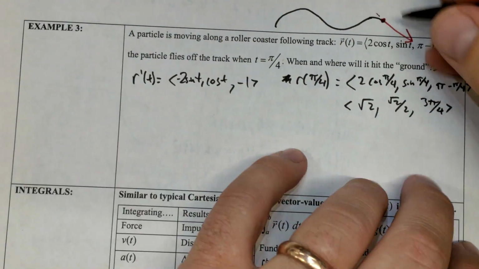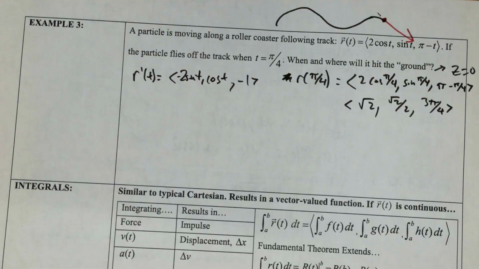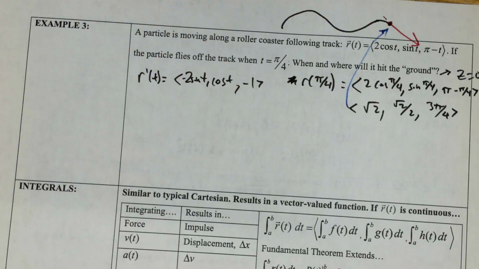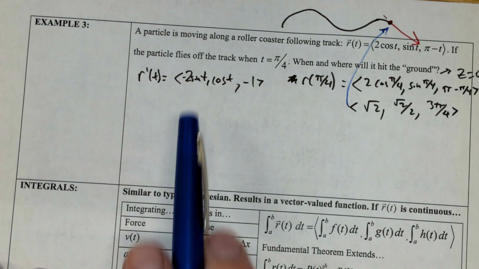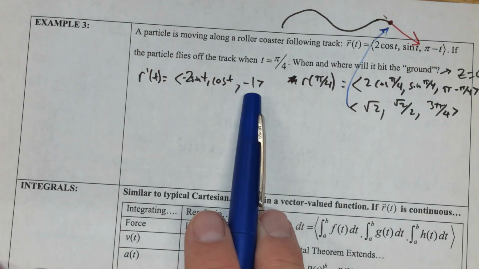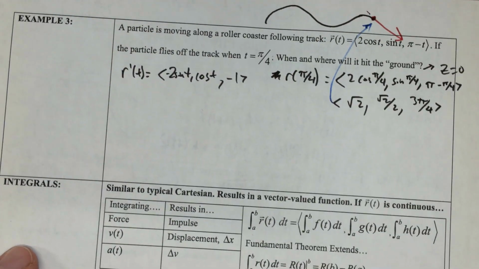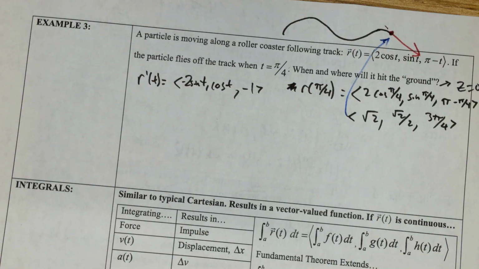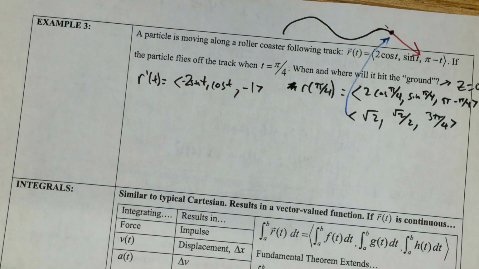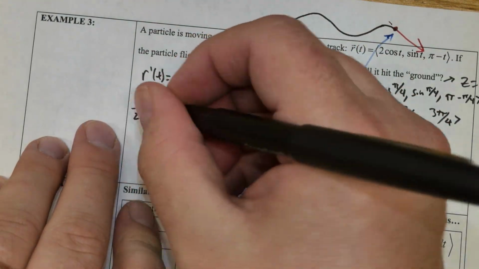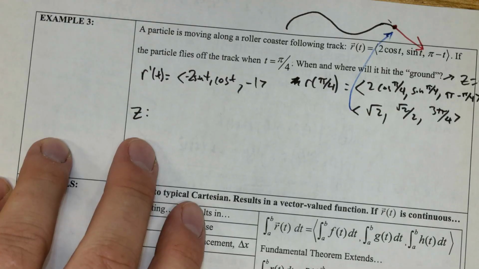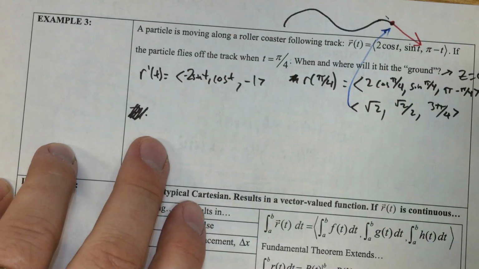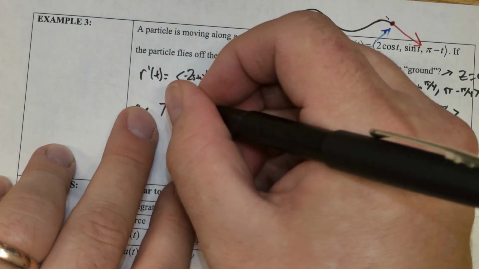Now from that moment, which we just admitted sits here, my buggy goes flying. And he goes flying, as we can tell, in the x, y, and z direction. But if the ground is at z equals 0, I do not care about x and y. I'm just going to focus on my z component.